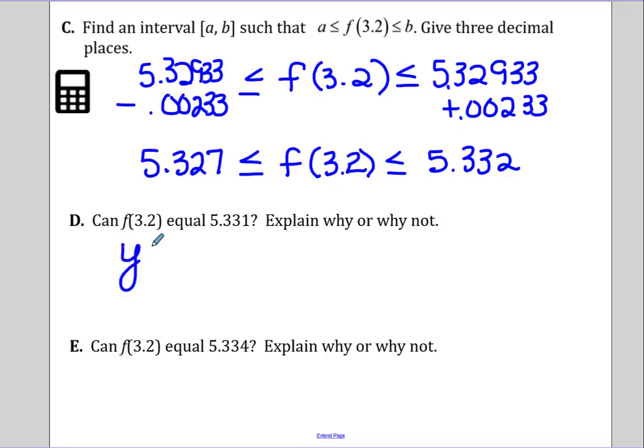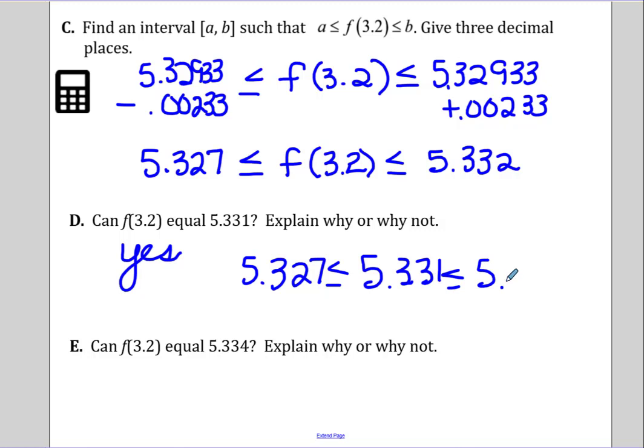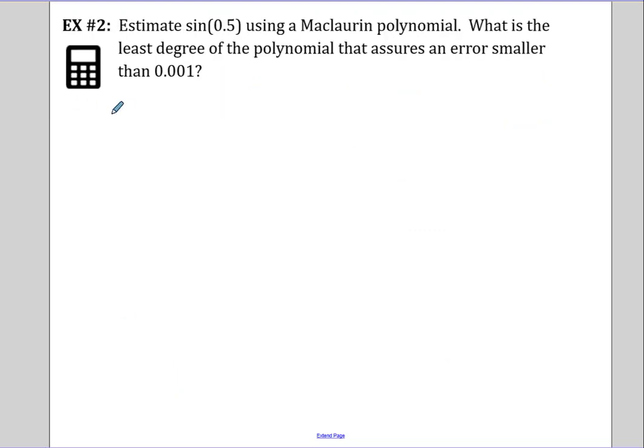Well, yes it can, because 5.331 falls in between our A value and our B value. Can 5.332 equal? No, it's not on the interval. The error would be altered then. I'll let you write your own explanation for that.